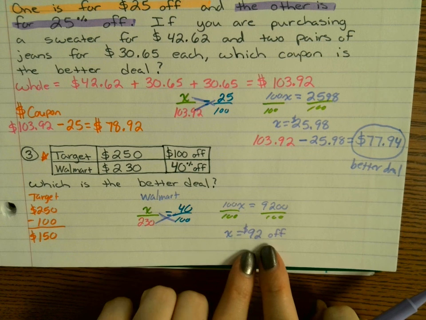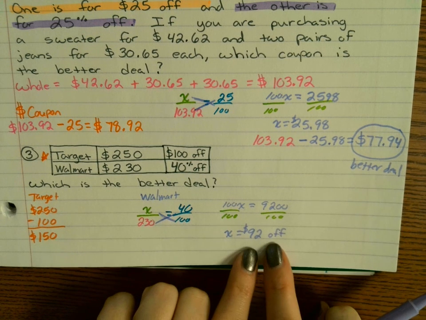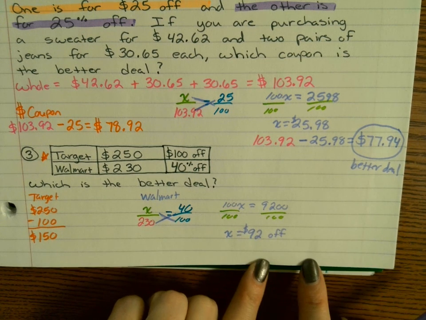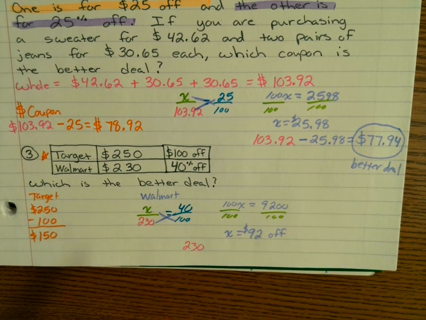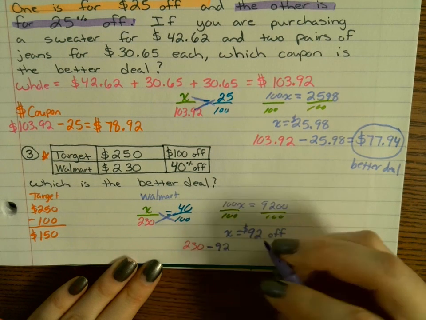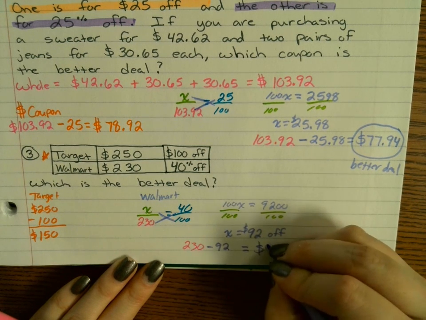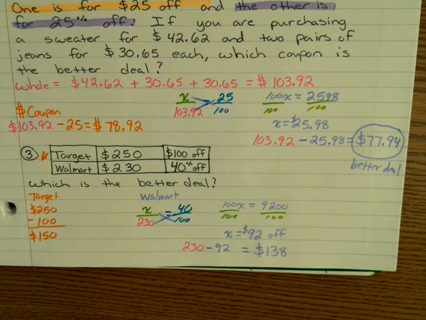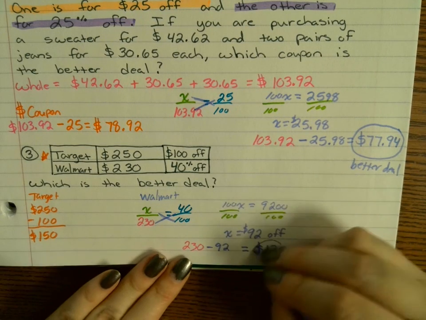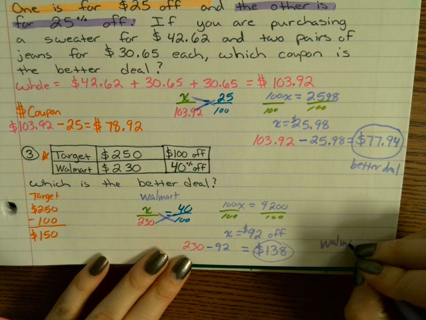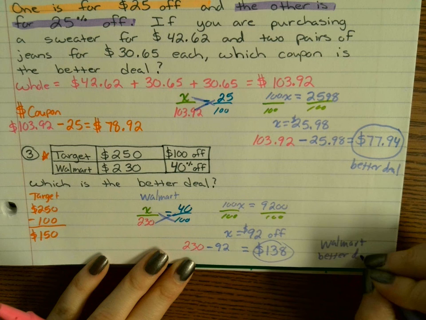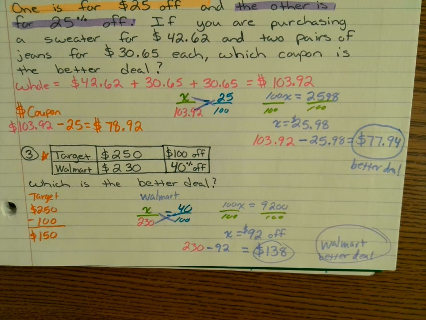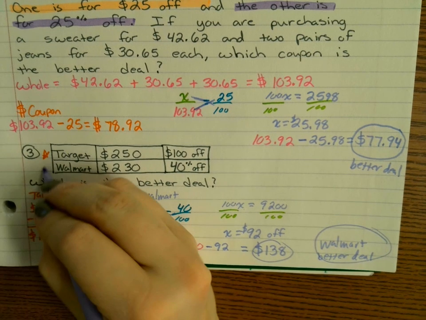Hey, it's not $92. I'm not spending $92. I'm taking $92 off. So now I have to take that 230 and subtract 92. And that's going to equal 138. So who has it cheaper, Walmart or Target? Walmart. Okay, so Walmart is better for the deal. Walmart's got the better deal in this case. Okay, we did Walmart in purple.